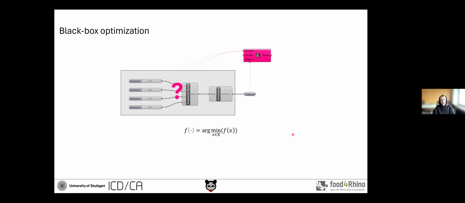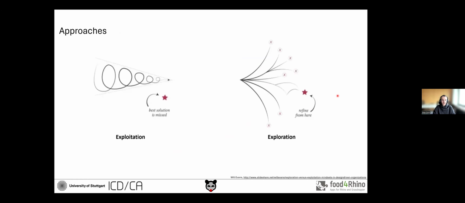So we call this a black box optimization problem, where everything that needs to be minimized is unknown to the optimizer itself. And in order to solve such black box optimization problems, there are basically two strategies.